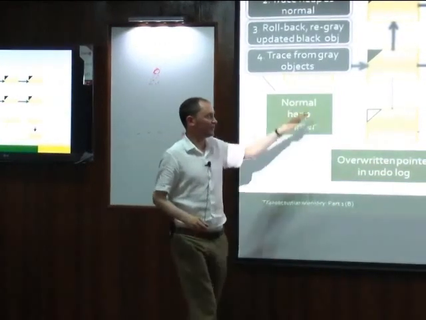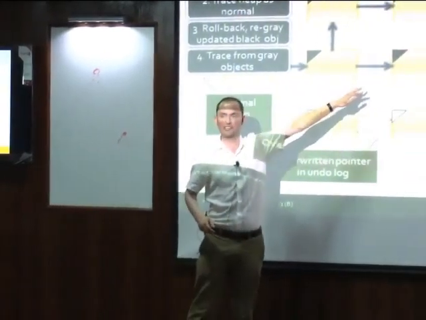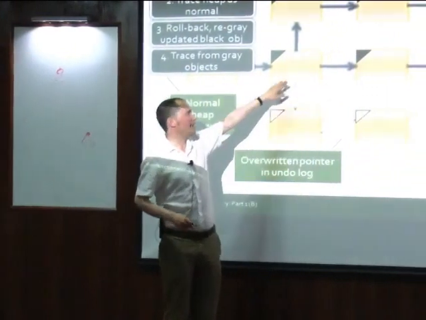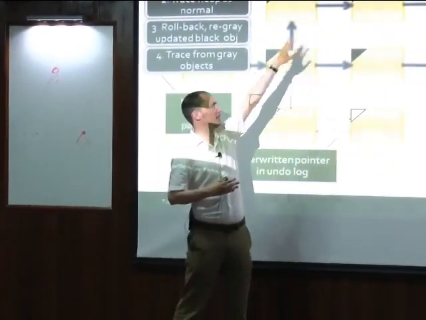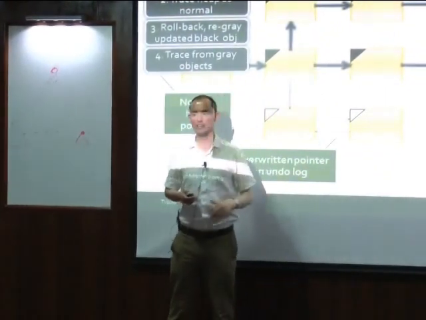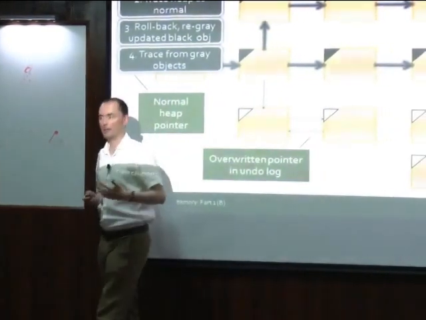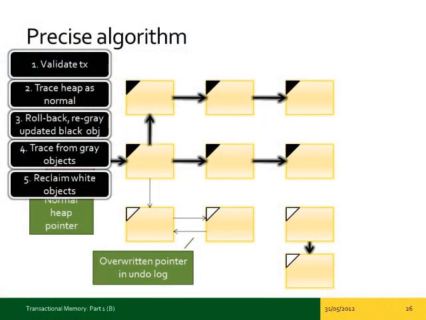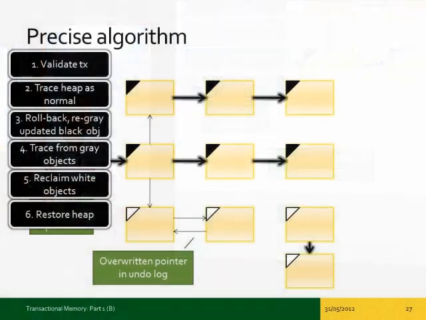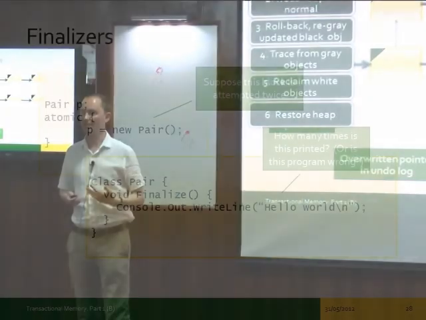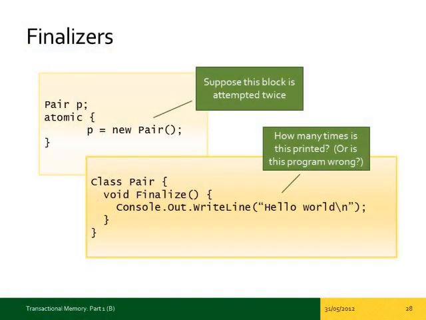So we know at this point that the spine of the list is reachable if the transactions all commit, and that if the transactions all abort, then this additional old version of the list at the top here would become reachable again, but the nodes down at the bottom are not going to be reachable. So we can reclaim those, then restore the heap, letting the transactions continue, and then let them execute onwards.